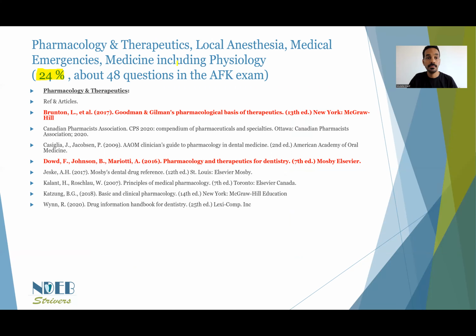Beginning with pharmacology and therapeutics, which is one of the most important topics in this category, the references and articles mentioned in the NDEB reference list are the ones that you are seeing now. We extracted all the references that are related to pharmacology, and we have them now in front of you here.